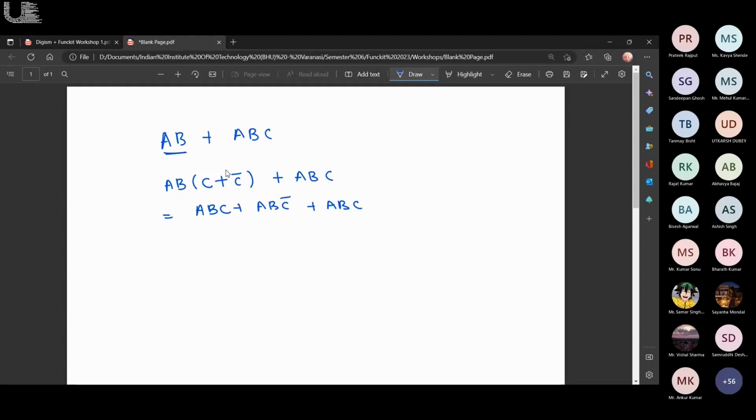And since ABC, ABC are same, we can further simplify it like this. So you can see that this expression contains all the three variables in either complement or uncomplemented form. So this is a valid SOP expression. So in this way, I can convert a given Boolean expression into SOP form.